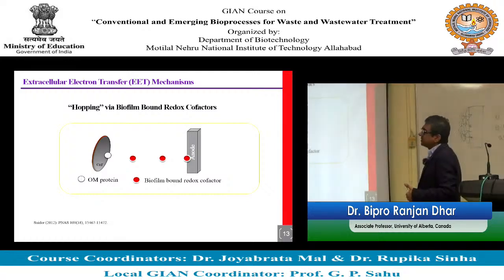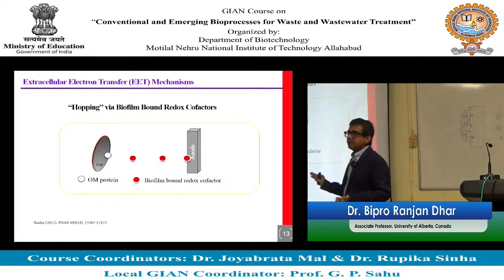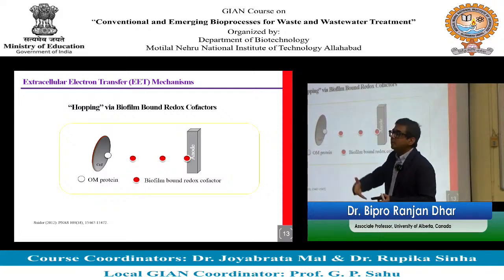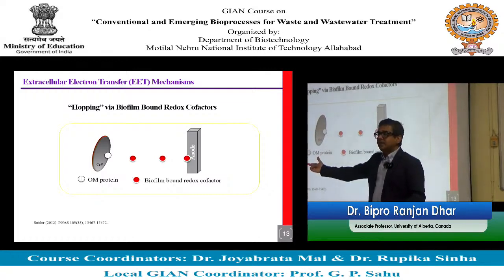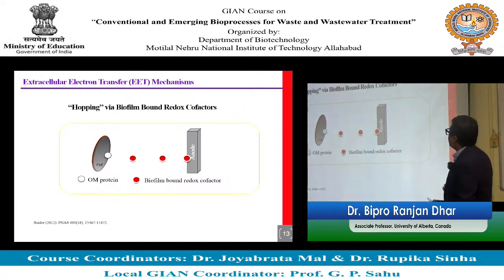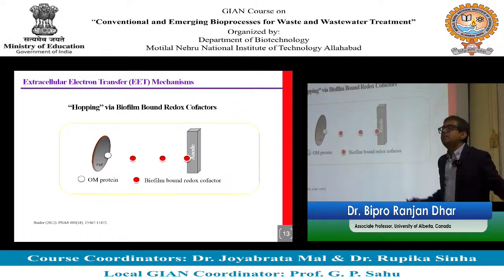Then another researcher proposed another mechanism. He said that sometimes microbes don't produce nanowire, but they can still do long distance electron transfer. That means they use redox cofactors immobilized within the biofilm.